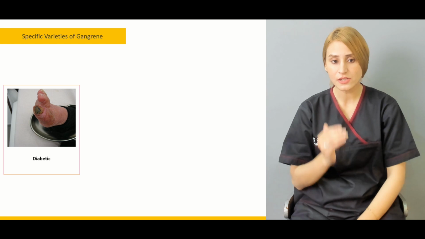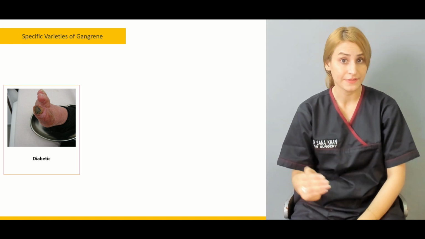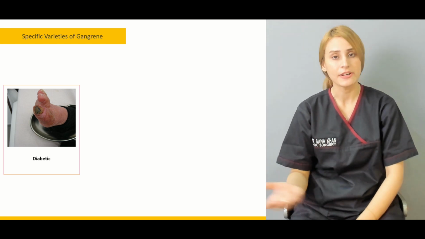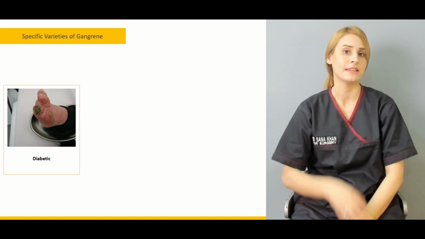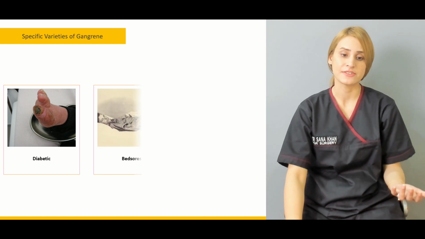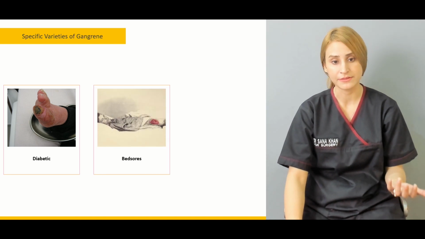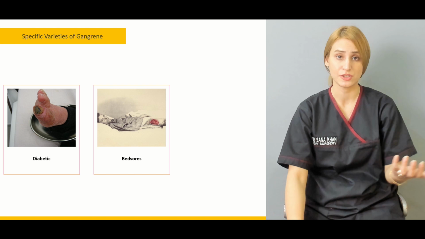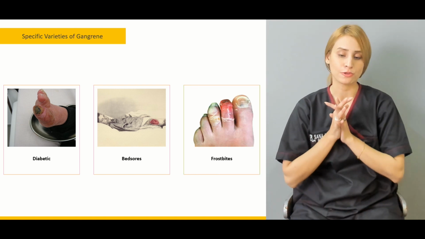Because of that thrombus, there's occlusion of the vessel, and obviously there is compromised blood supply, and the tissue starts developing necrosis. Other types of gangrene are diabetic gangrene, bed sores, which are particularly pressure sores, and frostbite.